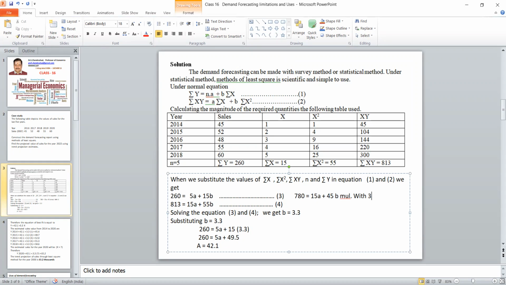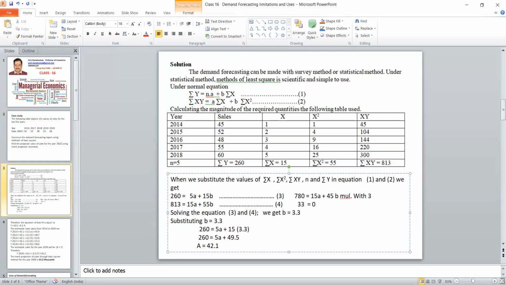The difference between these two, 813 minus 780, will be 33. Am I right? 813 minus 780 is 33. Then when we compare, here also 15a, there also 15a, so the a becomes 0.